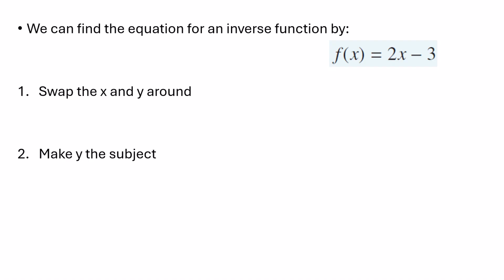So to do that for a whole equation, we're going to swap the x and y's around. So let's start here by writing it using x and y's. We swap the x and the y around.